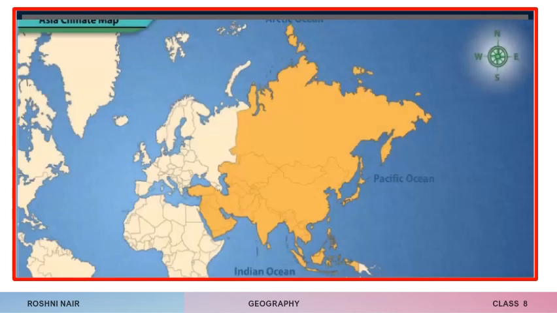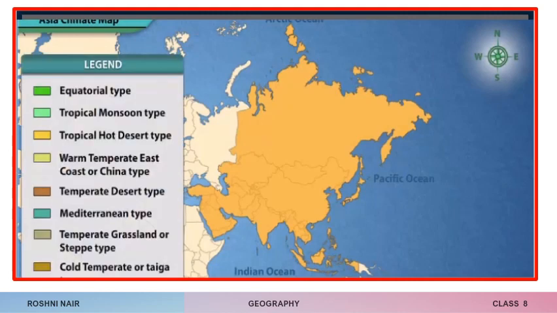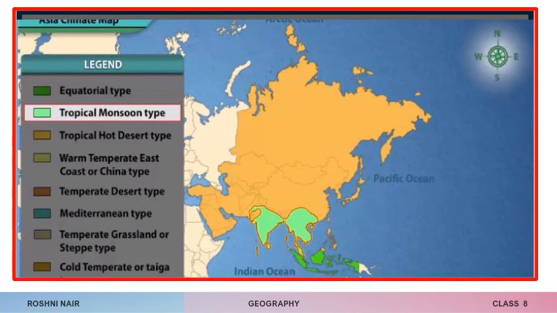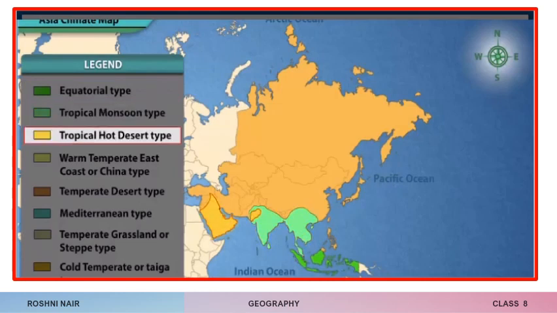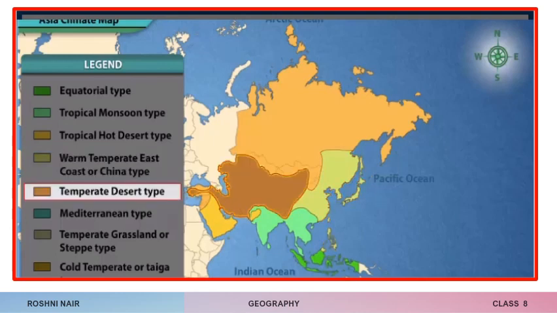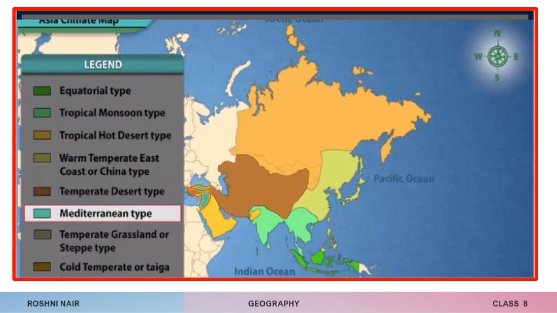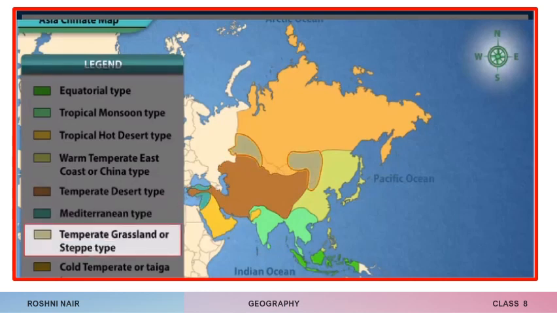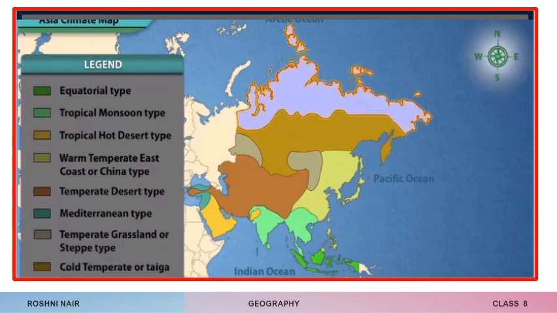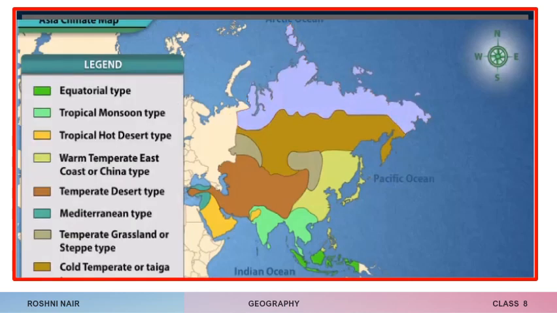Asia experiences several types of climate. These are the equatorial type, the tropical monsoon type, the tropical hot desert type, the warm temperate east coast or China type, the temperate desert type, the Mediterranean type, the temperate grassland or steppe type, the cold temperate or taiga type, and the Arctic or tundra type. Let's find out more about these climates.